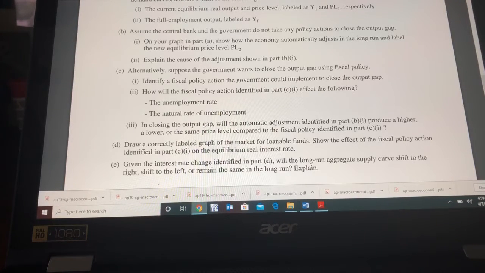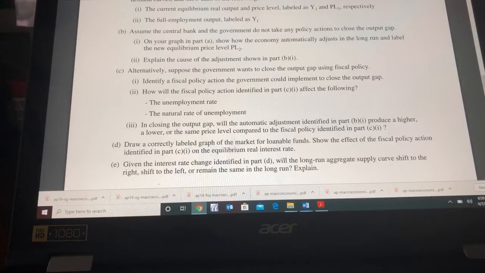We know that the government is borrowing less. We know that the Fed is going to make things more available for people because the government's not borrowing, so it crowds in, right?